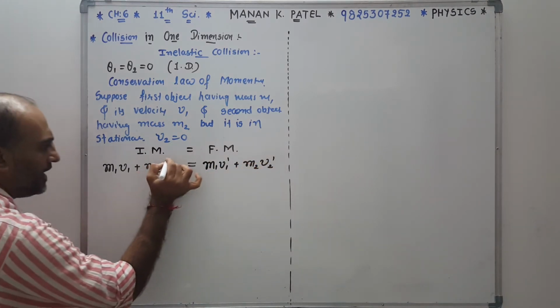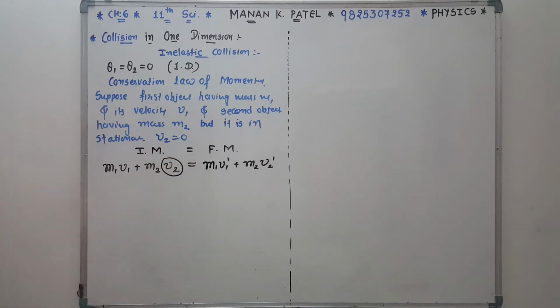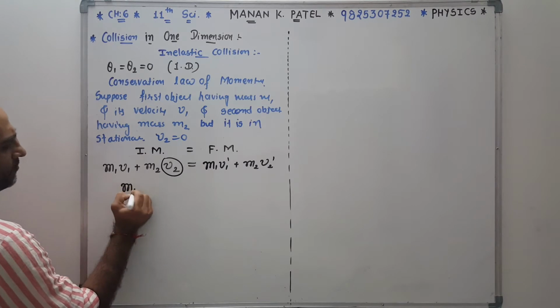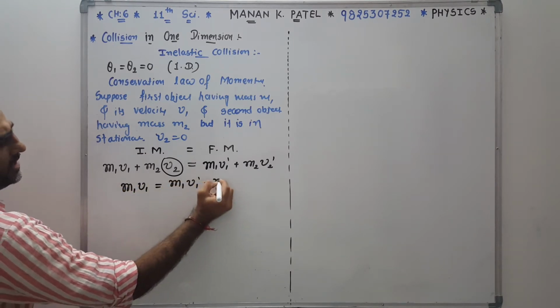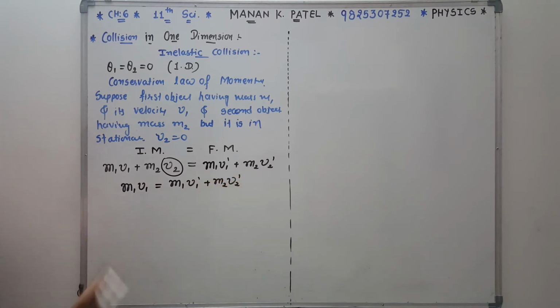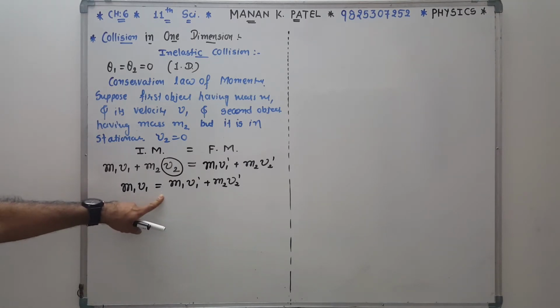But here you know that the velocity of the second object is 0. So m1 v1 is equal to m1 v1 dash plus m2 v2 dash. Now what about v2 dash? Okay, that is the base example.